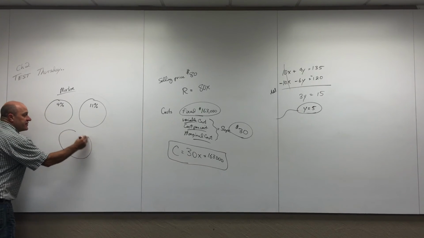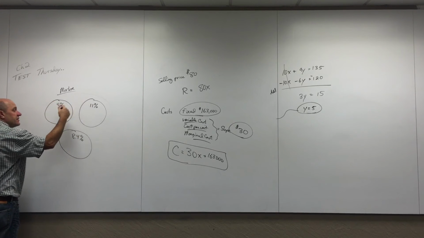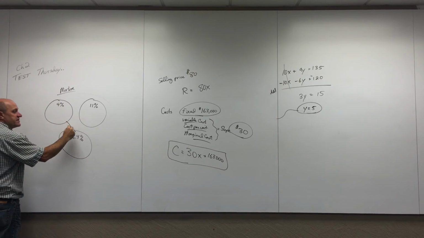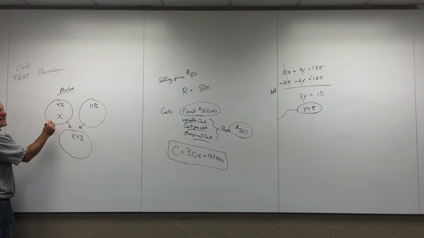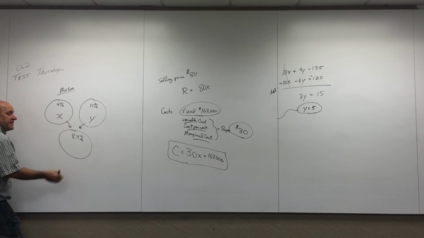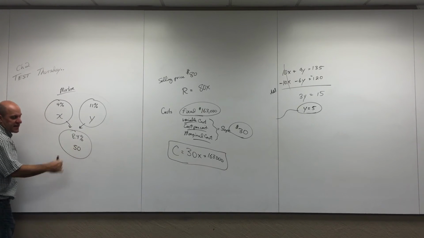The final solution they want to be 8.4%. So I'm mixing these two together to get this 8.4% stuff. What I like about these mixture problems is they usually have percents and then they have amounts. They didn't tell me this amount, I think that's X. They didn't tell me this amount, I think that's Y. But they did tell me the final amount. They said it was 50 cubic centimeters.